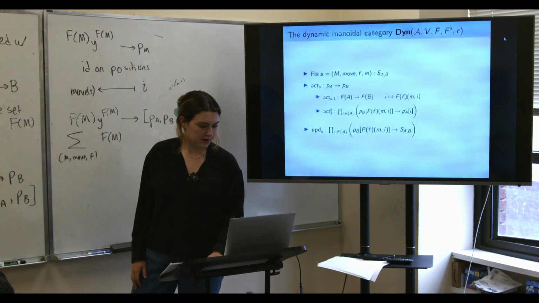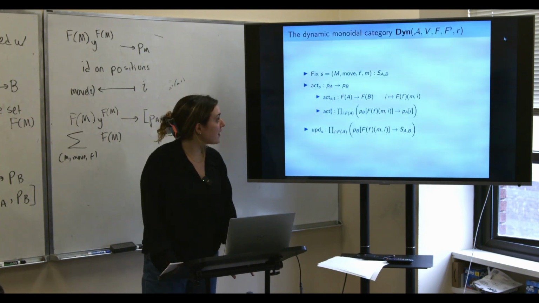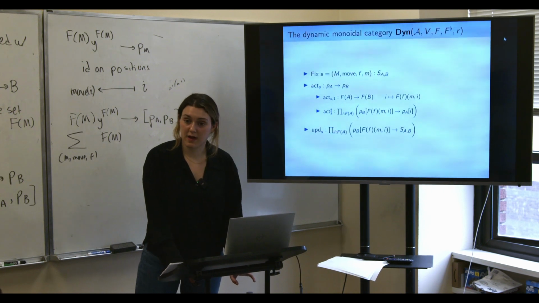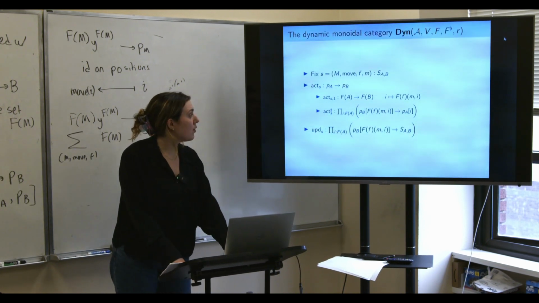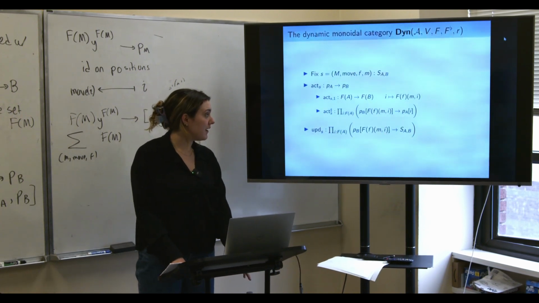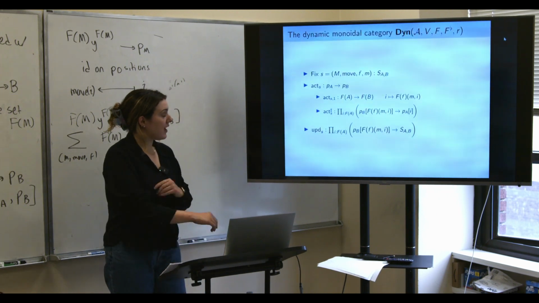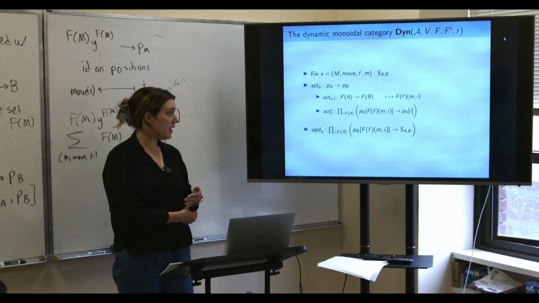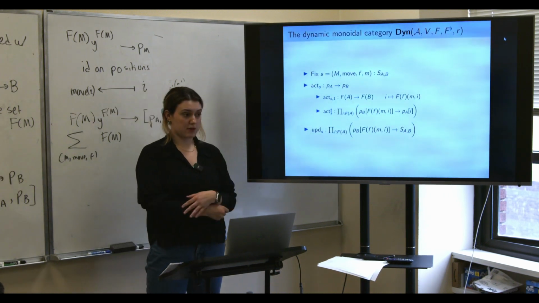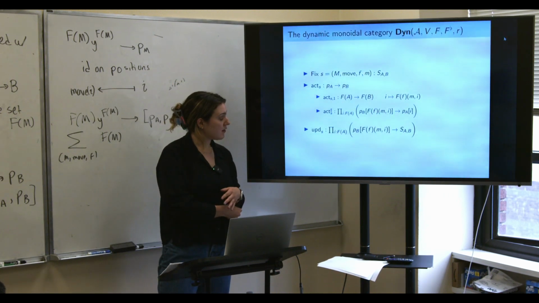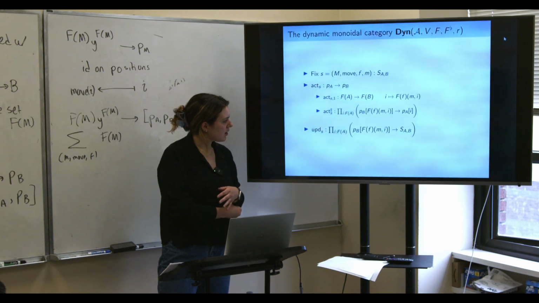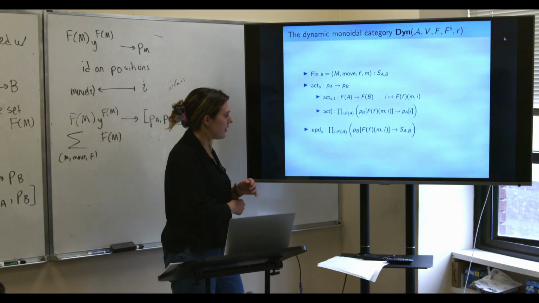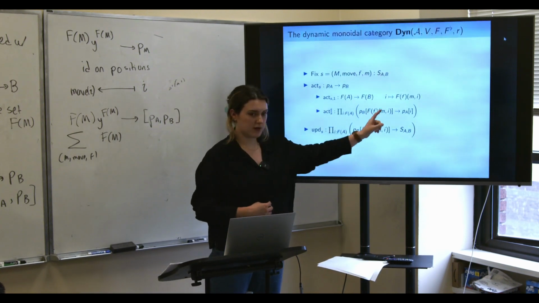Okay. So let's fix a state in our state set. And we're going to want to describe the action and the update. So the action is going to be a polynomial morphism from PA to PB. So it's going to have positions and directions. And the update is similarly something that, if I give you a position and a direction, you're going to give me back a state set.